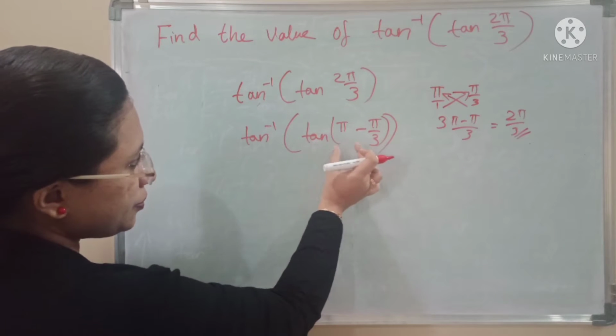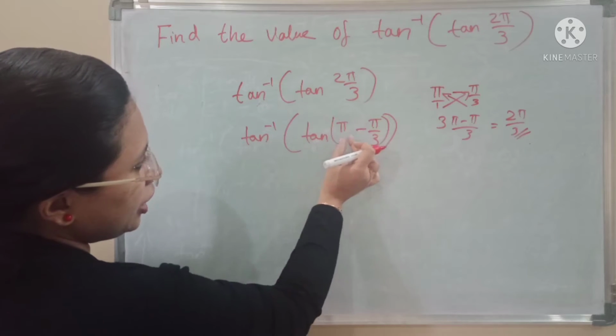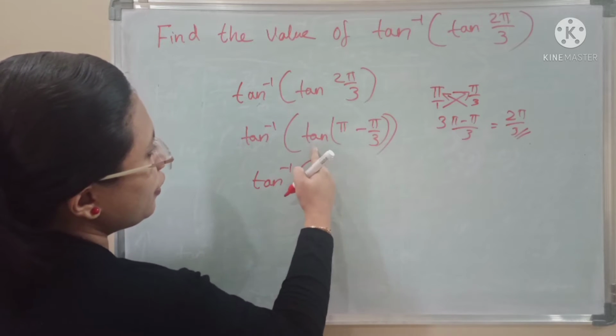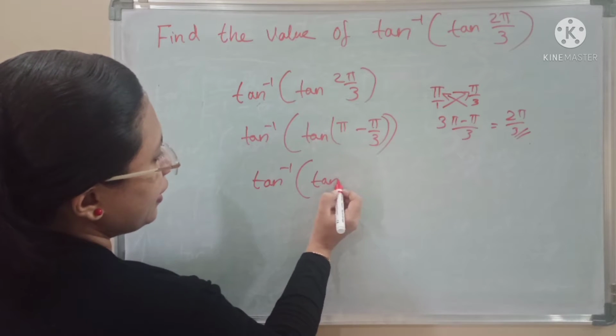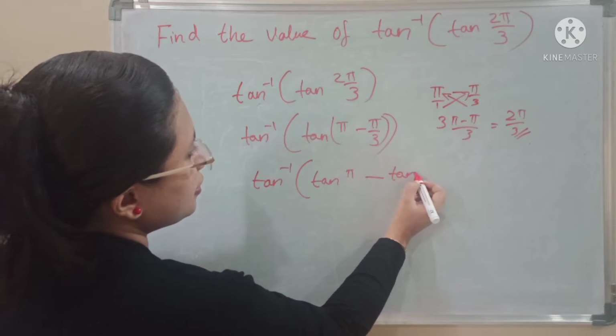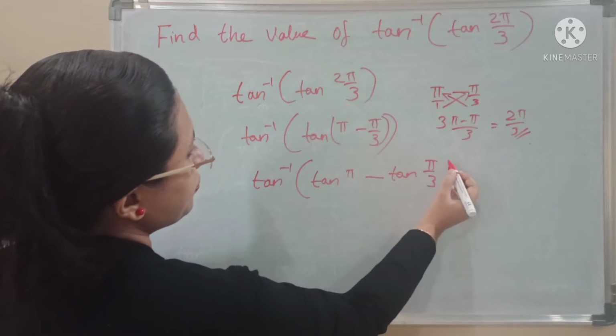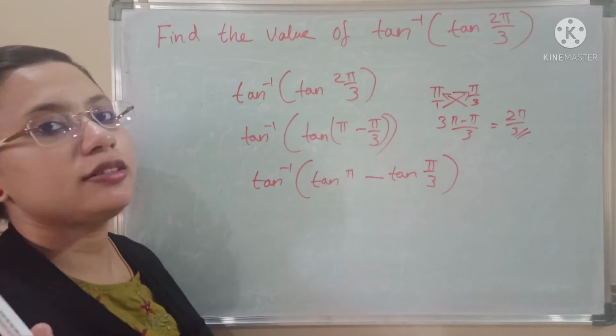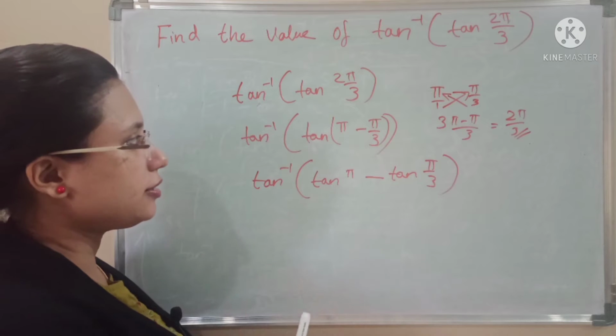Now we can take each term with tan, right? Tan inverse of (tan pi minus tan pi by 3). See the benefit of putting the bracket. Whenever more than one term comes, you must put the bracket.